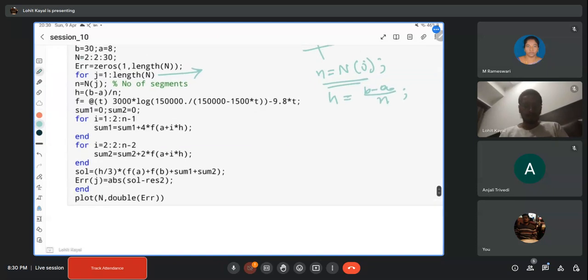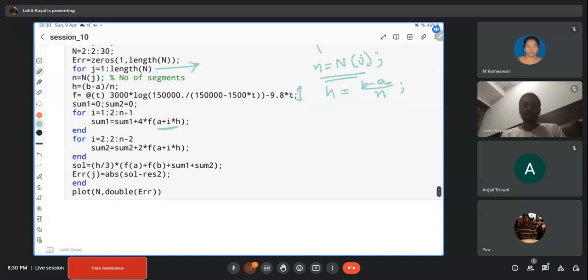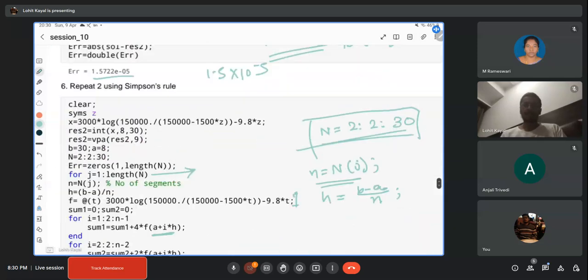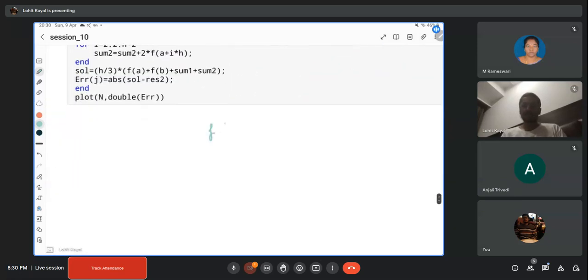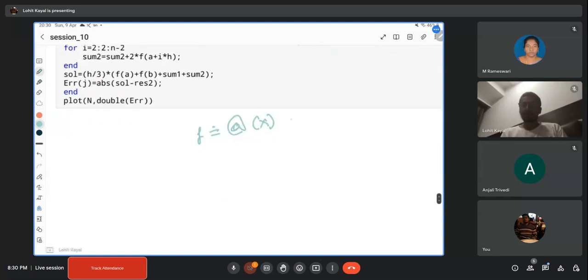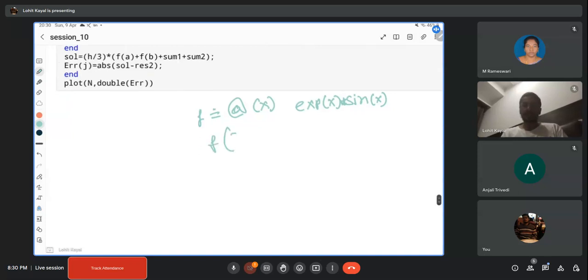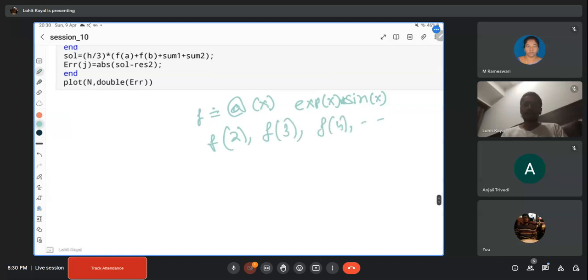And here I have defined the function. I haven't told you why I have defined the function: because then I can write this very easily. If I define the function like this, f equal to, suppose, some function at the rate x, maybe exp of x sin x, with a star sign over here, then I can easily write f2, f3, f4, anything.